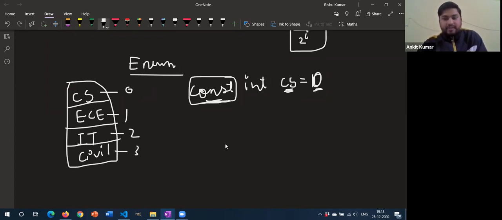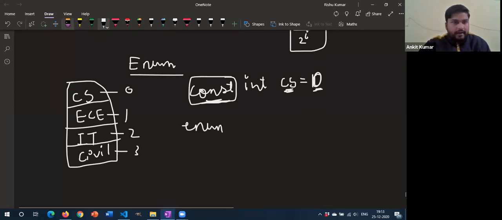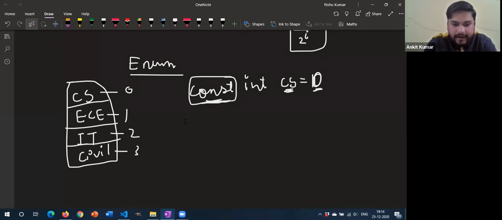And how can we use enum? It is very easy. Let me write it. You will write enum, and whatever variable that you want to use.